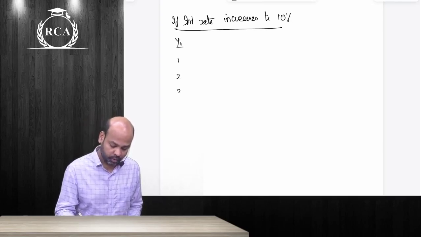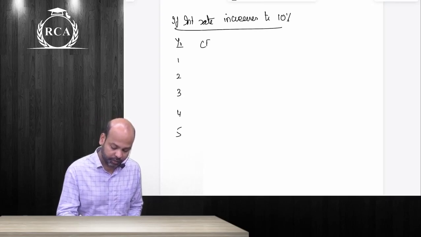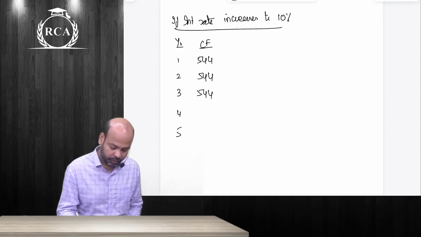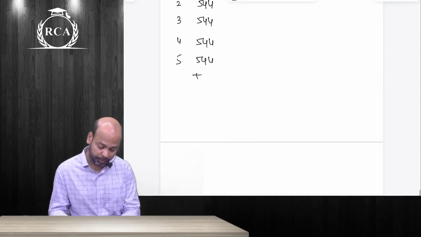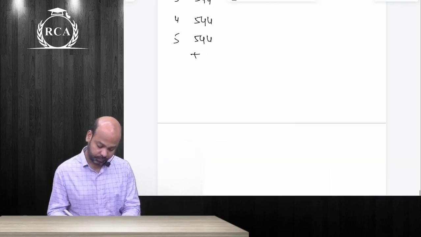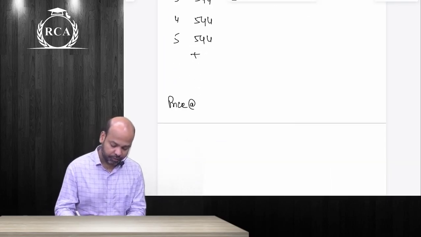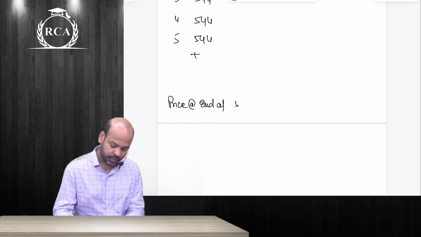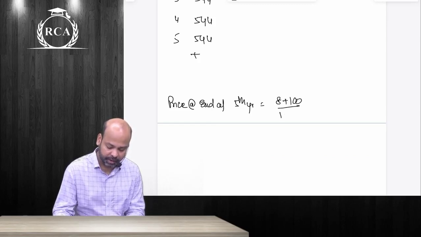Your 1, 2, 3, 4, 5, guys. What are your cash flows, beta, in the first year? 544, next 544, 544, 544 and then 544, guys, plus you will have to compute price. Price at the end of 5th year, guys. Can I directly write 8 rupees plus 100 rupees divided by 1.1?